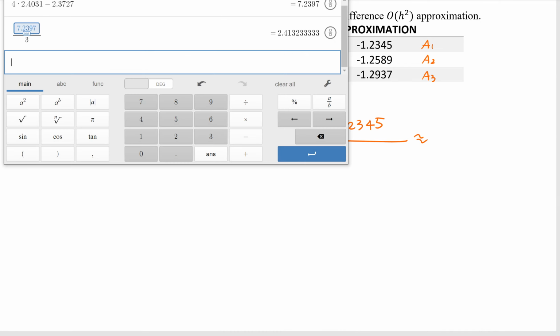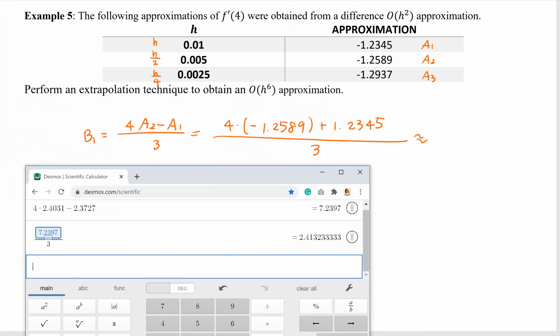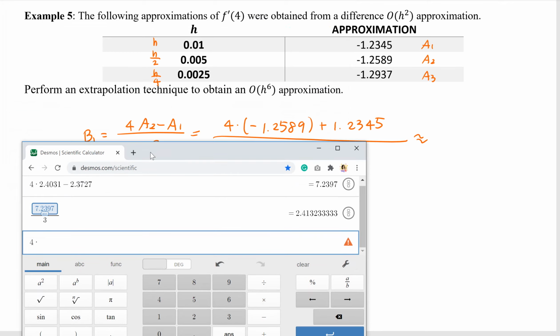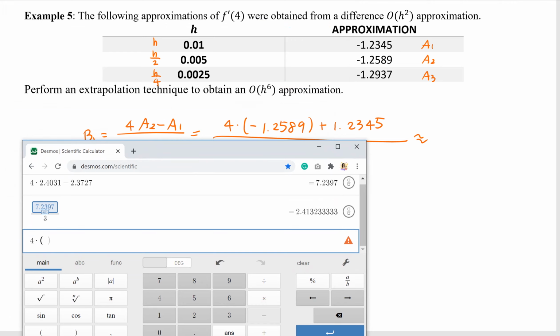Here we have 4 times parentheses negative 1.2589 parentheses plus 1.2345.